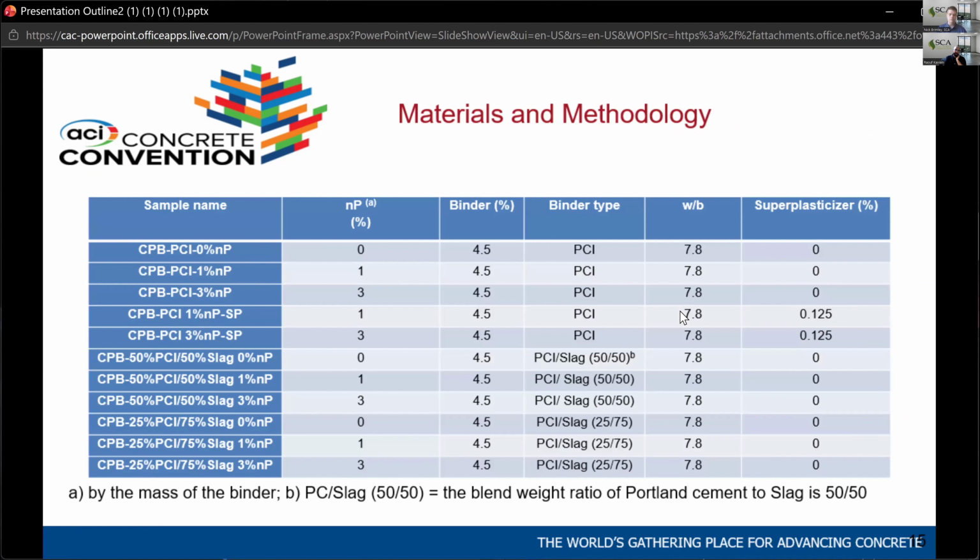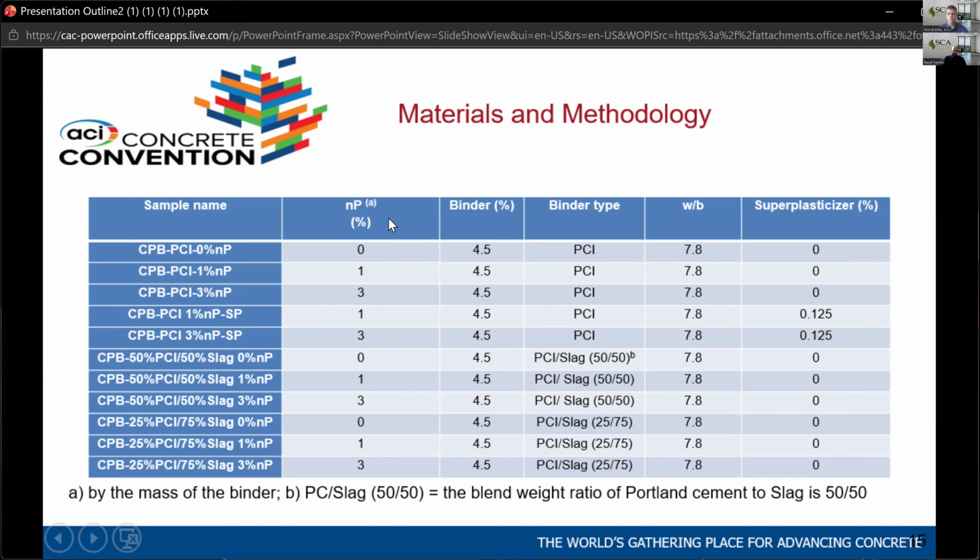These are the materials. These are the blend weight ratios of Portland cement, slag, nanoparticles and everything. So for this one, the CPB, let me explain it like that.